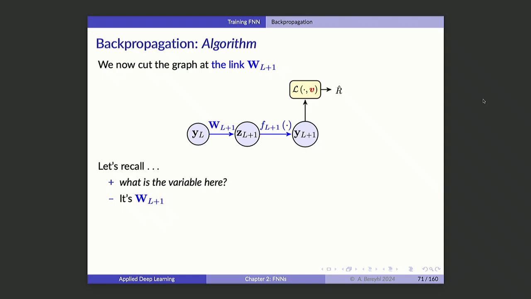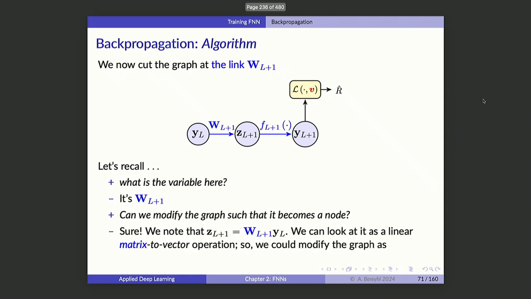Exactly. In all the graphs I showed you, when I wanted to compute the gradient with respect to a variable, I made that variable a node. Here, your weight is not a node yet, but that is a very easy thing to do.